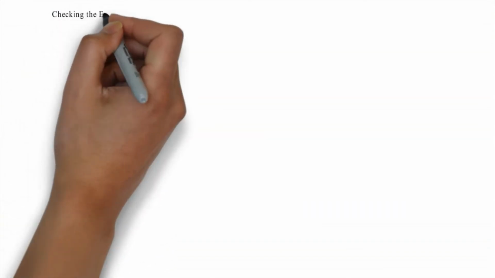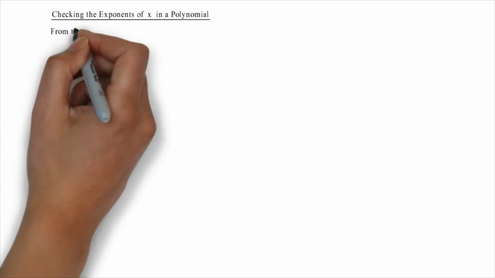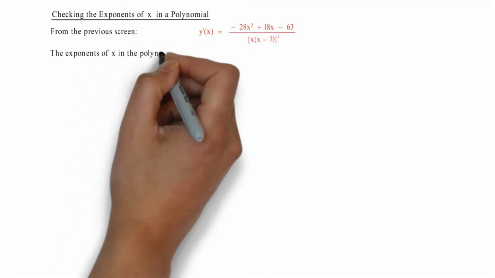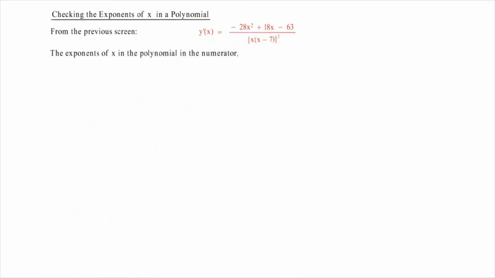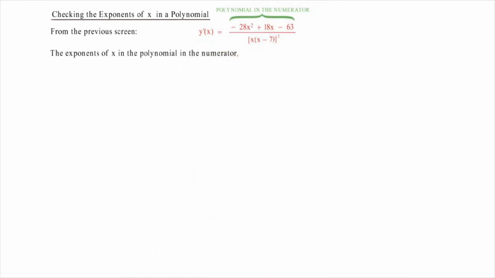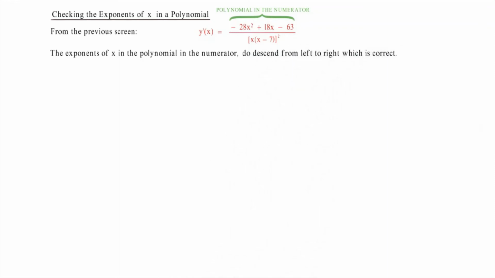Checking the exponents of x in a polynomial. From the previous screen, the exponents of x in the polynomial in the numerator do descend from left to right, which is correct. To show this, 1.